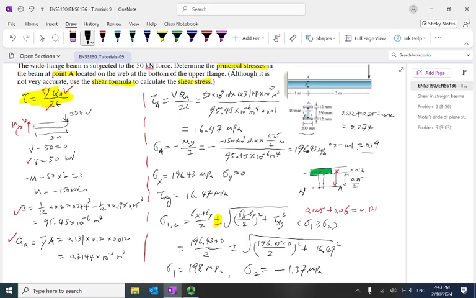Clear? So this is just the way to work out by equation, but it's all come together. You will see for this question, we didn't provide the sigma x, sigma y, tau xy. You should work out by yourself. But all these things were based on the previous knowledge. So that's why this topic could be hard, could be easier.